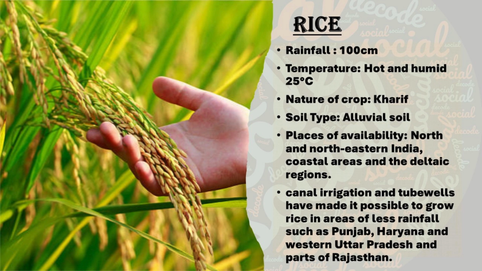The major rice-producing states are West Bengal, Uttar Pradesh, Bihar, Assam, Odisha, etc. Many states are given in your book, so read all those. In areas with less rainfall like Punjab and Haryana, rice can even be cultivated with the help of irrigation.